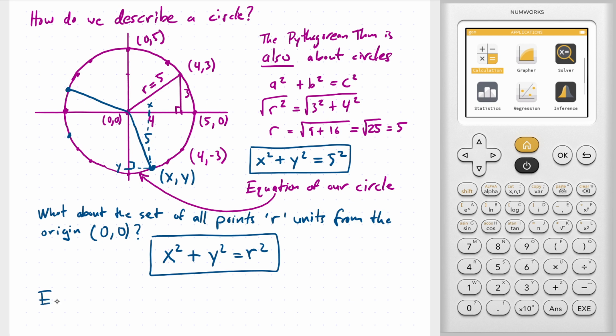This is the equation of a circle. Yay! Okay. So that's pretty cool. We got the equation of a circle, and it's just the Pythagorean theorem.